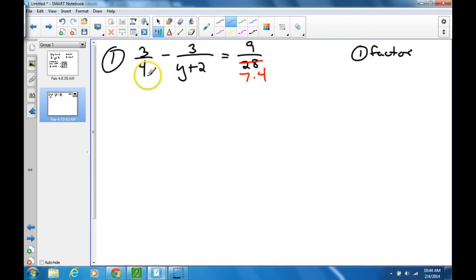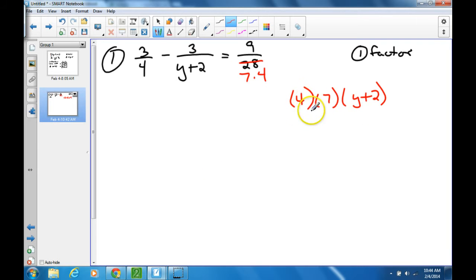So we already have a 4 here, we have a 4 here, so we want that represented once, right? We want a 7, because that's represented once. And then what's the other one that's represented once? Y plus 2. Okay, do you guys see how I found that? Yeah. We want every factor to be represented once, okay?